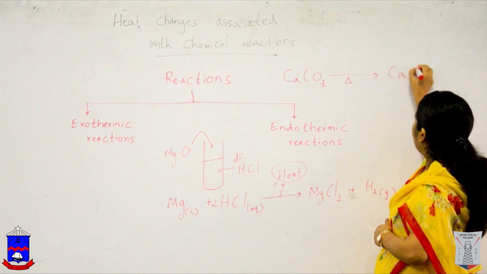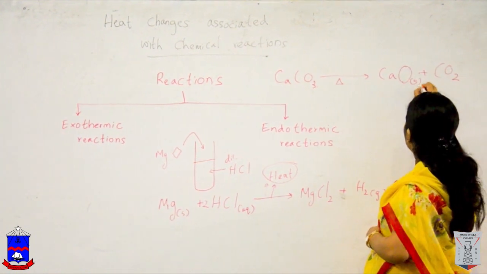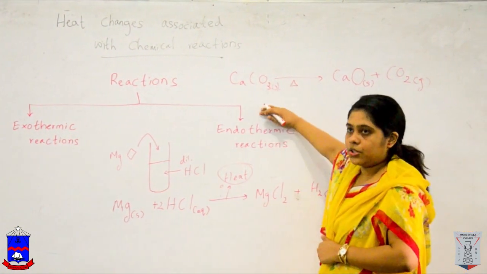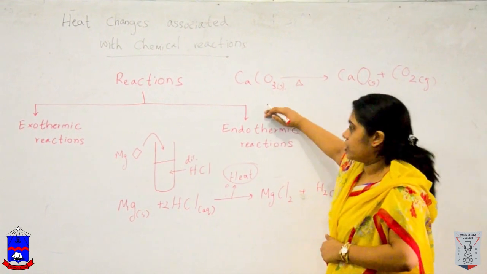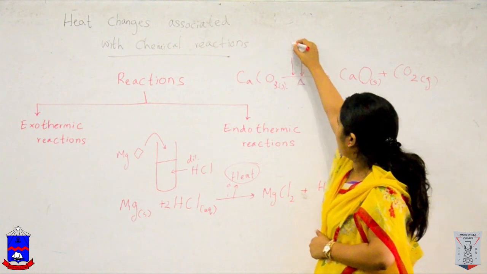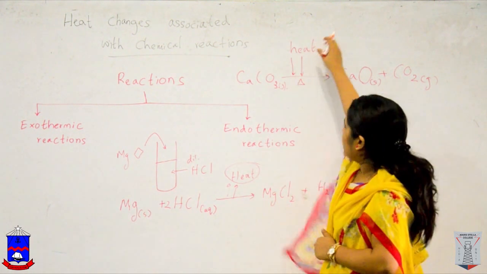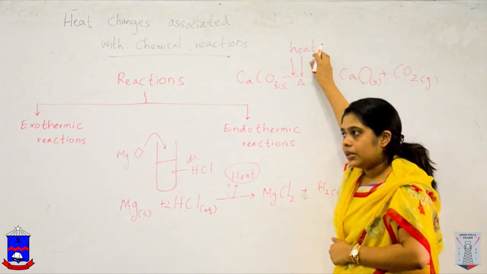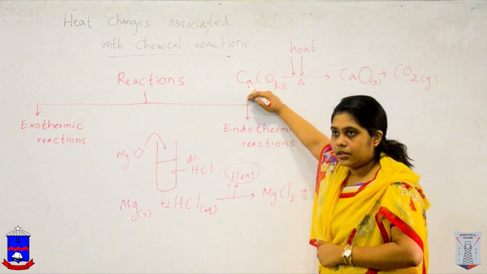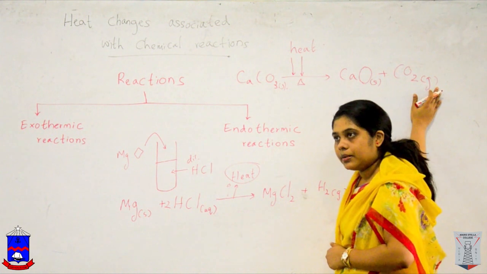Okay, like this. In order for this reaction to occur, we have to provide heat. The heat provided to the medium is absorbed by the calcium carbonate to produce calcium oxide and carbon dioxide.